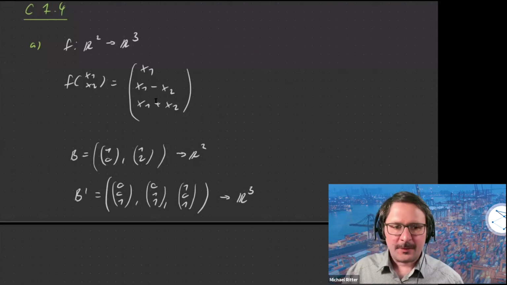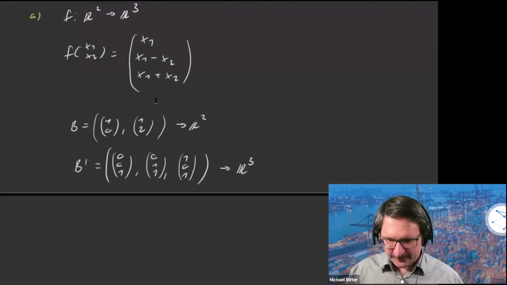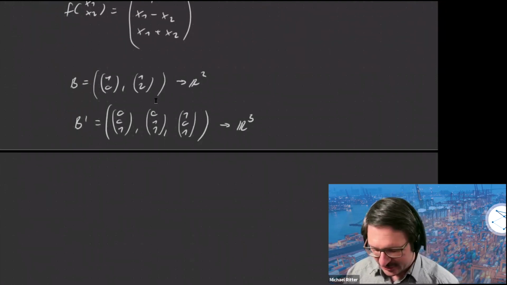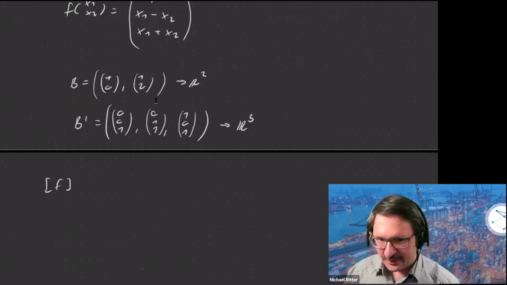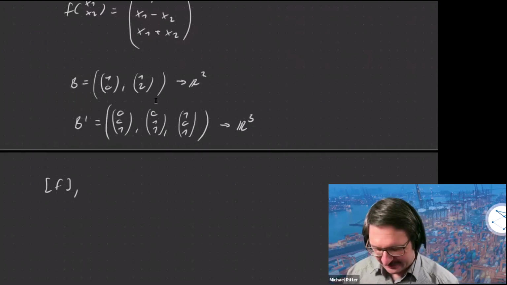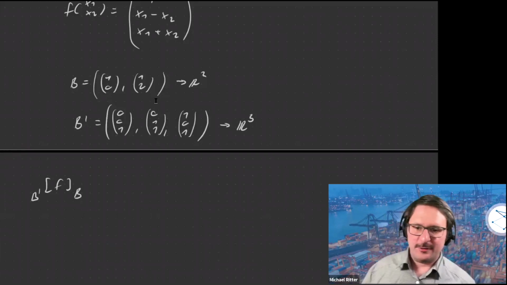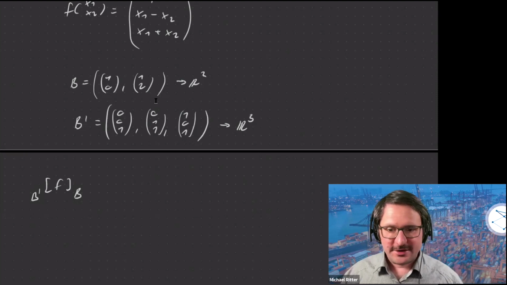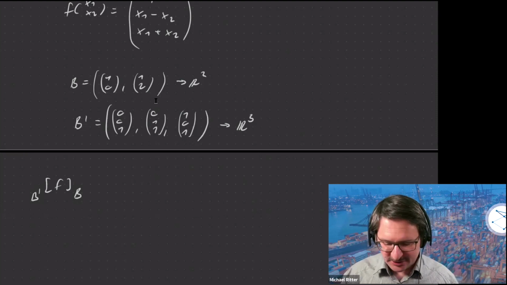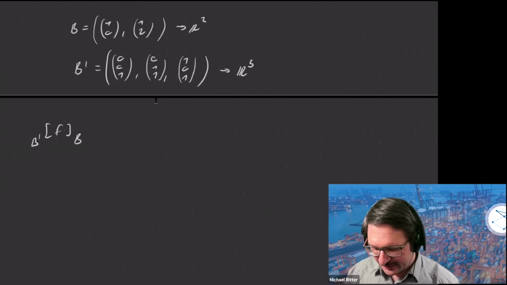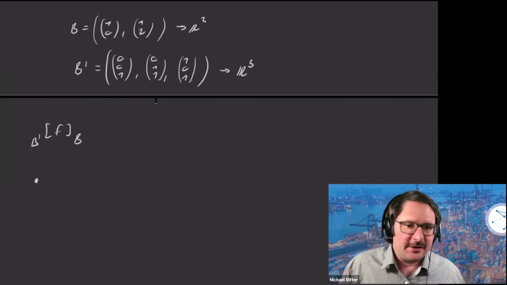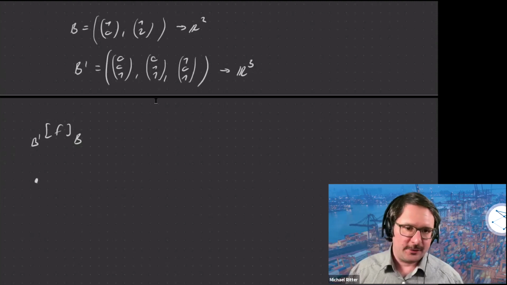Okay, so the question in A is to determine the matrix representation of F with respect to these two bases. So we have B for the domain and B prime for the codomain. One possible way to do this is basically the same as we just did. We compute the images of the basis vectors under F and then express those in terms of the coordinates that we want in the codomain.